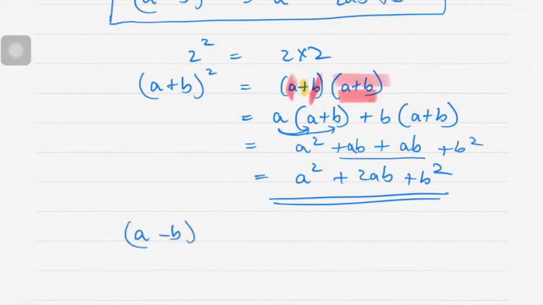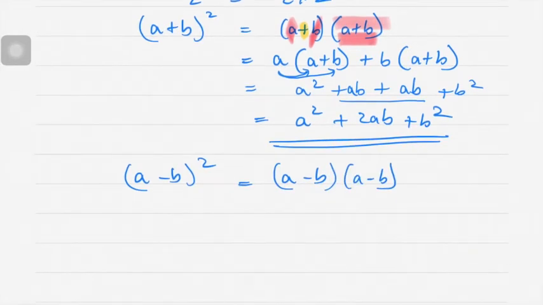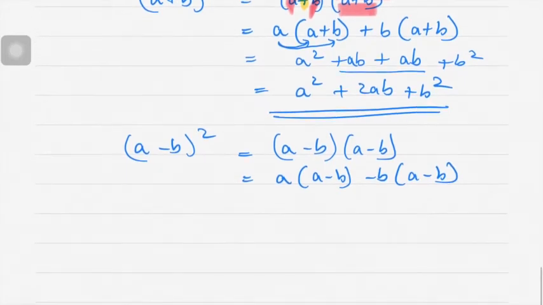Similarly, a minus b the whole square means a minus b into a minus b, right? Now a into a minus b into a minus b, correct?